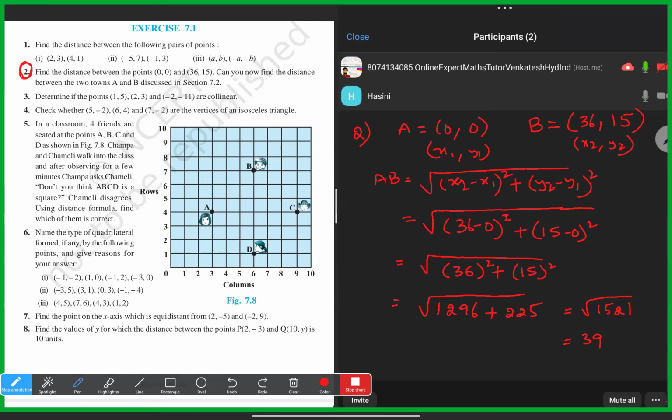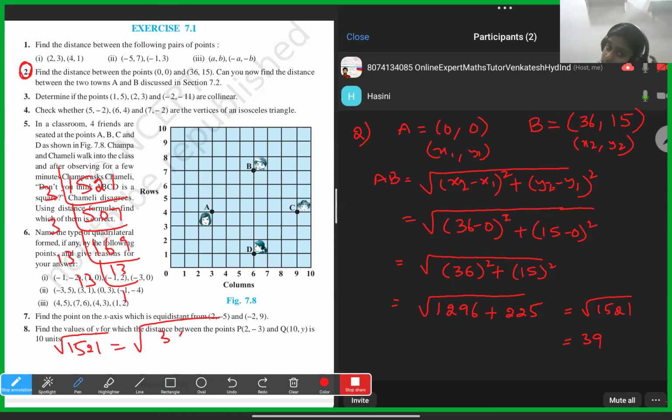I think you already know how to do the square root. We have to do the prime factorization of that number. For 1521, prime factorization: in the 3 table it will go, 3 fives are 15, 0 will come in between, 507 will come. Then again in the 3 table, 3 ones are 3, 3 sixes are 18, 3 nines are 27, then 169 will go directly with the 13 table. 13 ones are 13, 13 thirteens are 169. So the square root of 1521 means 3 into 3 into 13 into 13.